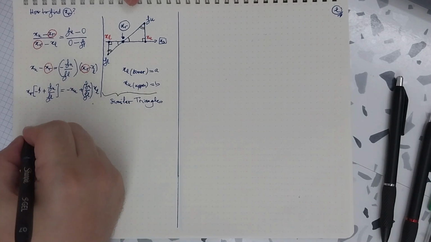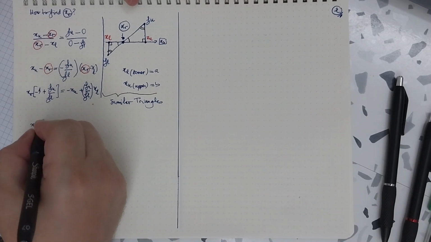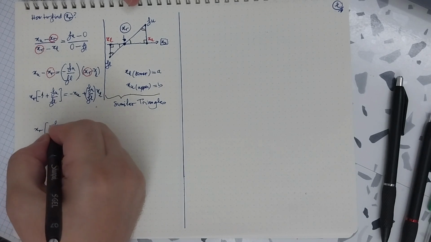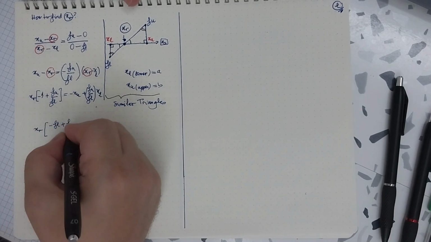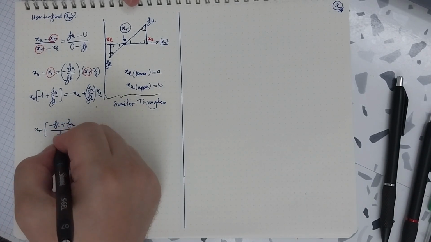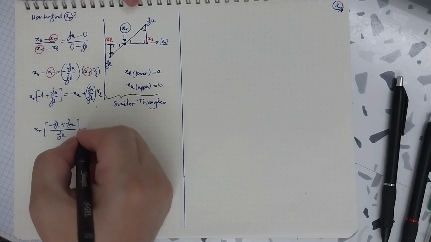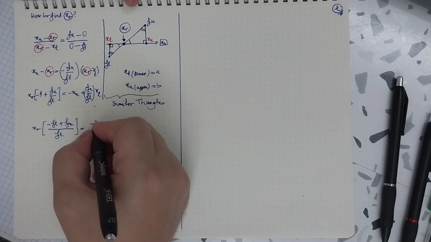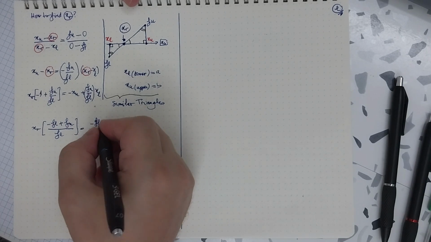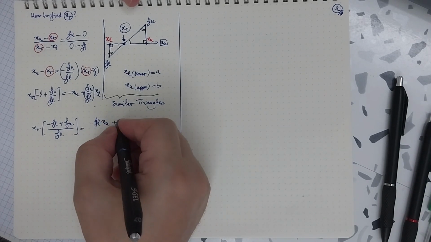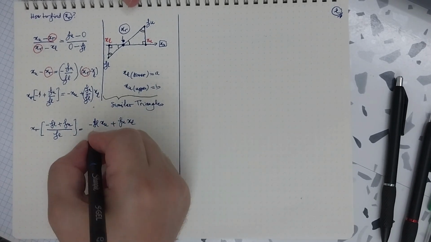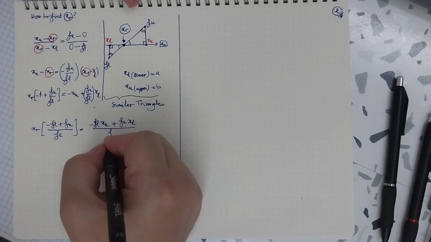And hence XR minus FL plus FU over FL equals minus FL by XU plus FU by XL over FL.